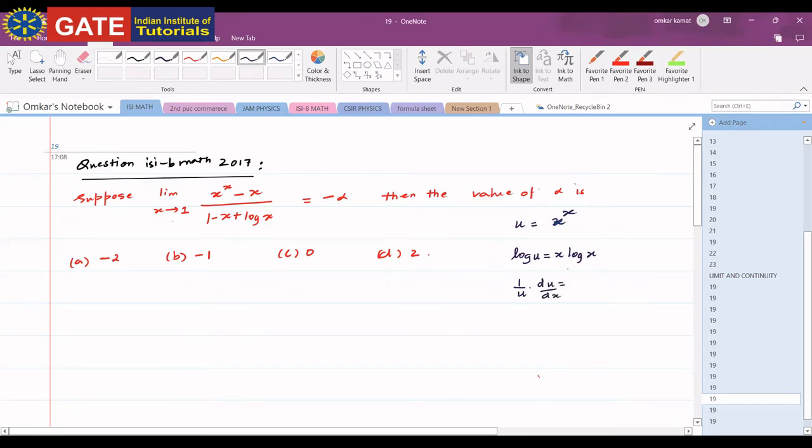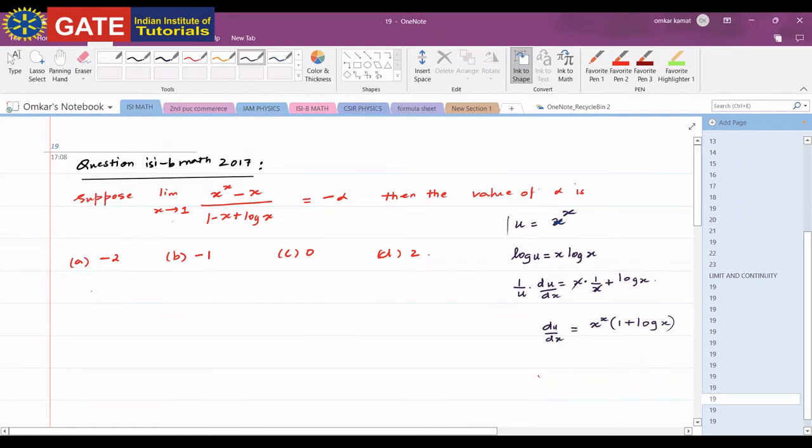This will be equals to x as it is, differentiation of log x is 1 by x, plus log x as it is, differentiation of x is 1. x will get cancelled. So your du by dx, that is differentiation of this term with respect to x, will be nothing but u into, u is nothing but x to the power x, 1 plus log x. Clear?